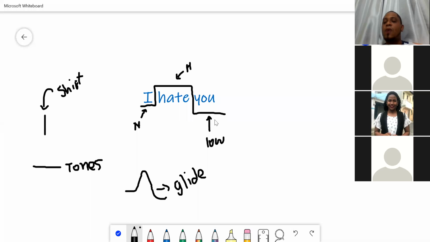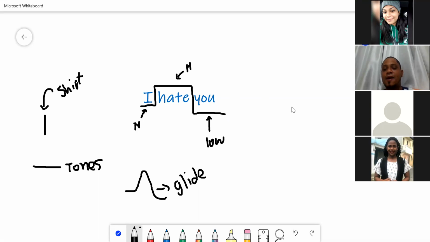Okay. So what is the function of the shifts? What do they do? What is the function of the shift, if anybody knows? Annabelle. It shows us the tone when we change it.